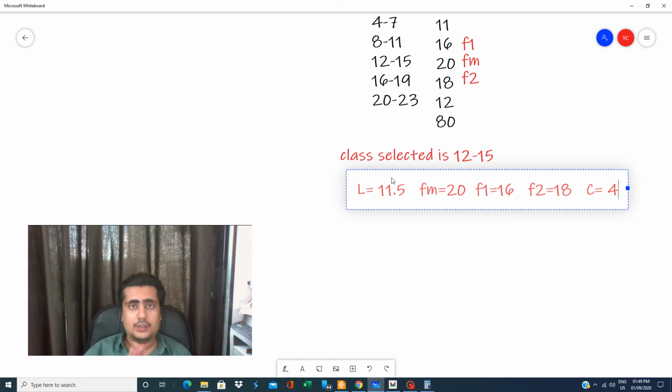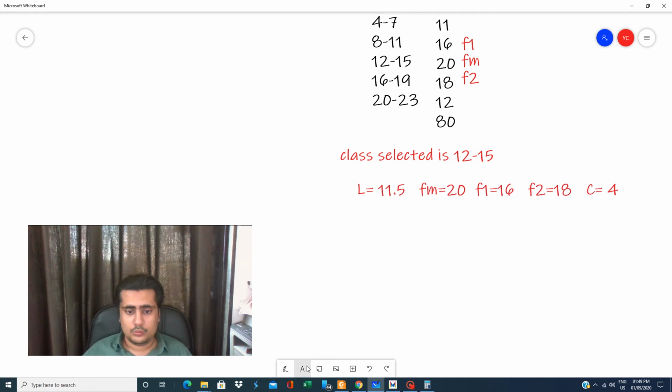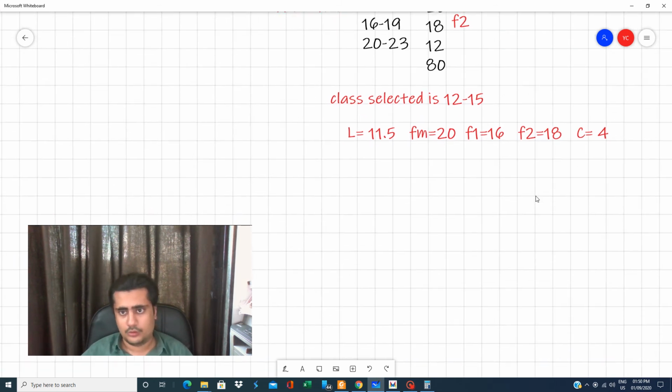If you see 5, your class length is 6, and so on. If you want to know the logical reason why your class length is 4, just convert this 12 to 15 into an exclusive class. This 12 is not 12, it's 11.5. And this 15 is not 15, it's 15.5, the average of 15 and 16. So here you can see the length of 4. So your class length is 4. I hope you got my point.